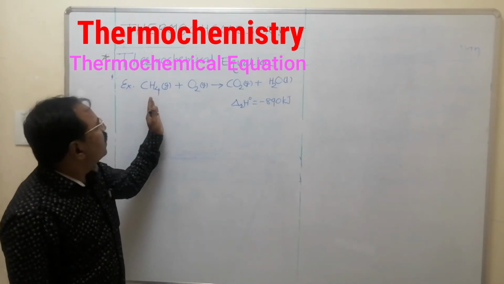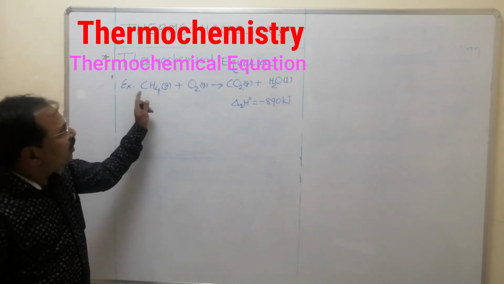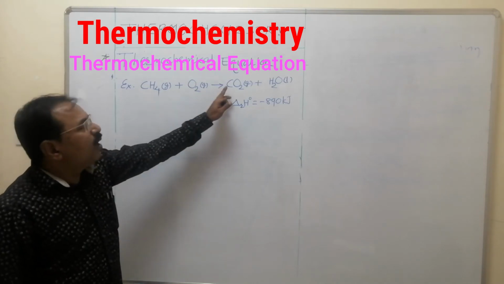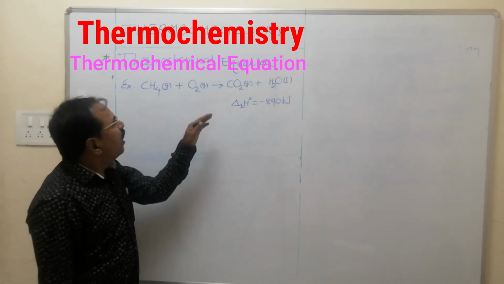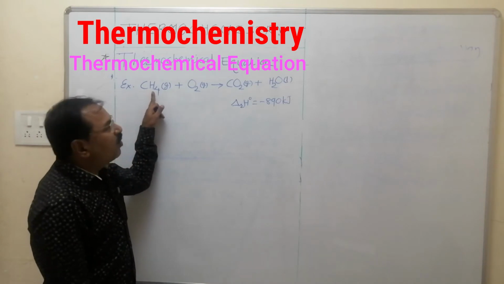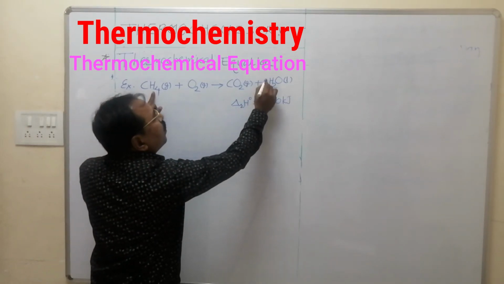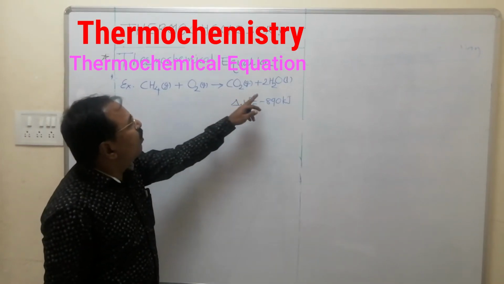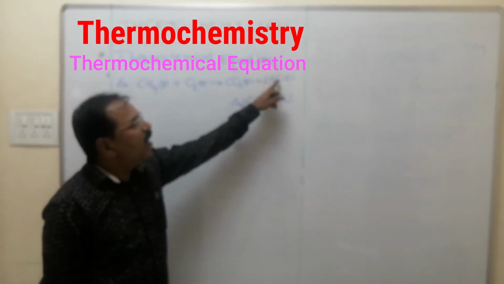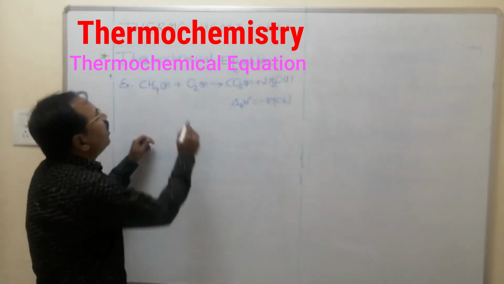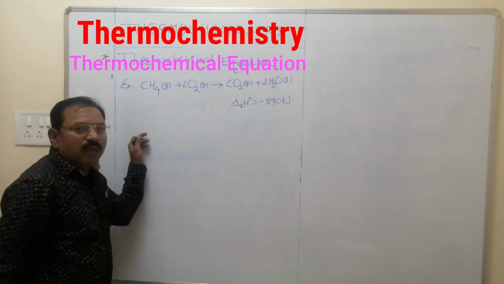Now to balance this equation, here one molecule of CO2 is produced, and here are 4 hydrogens, therefore write here 2H2O. Now here 2 oxygens and here also 2 oxygens, therefore write here 2O2.